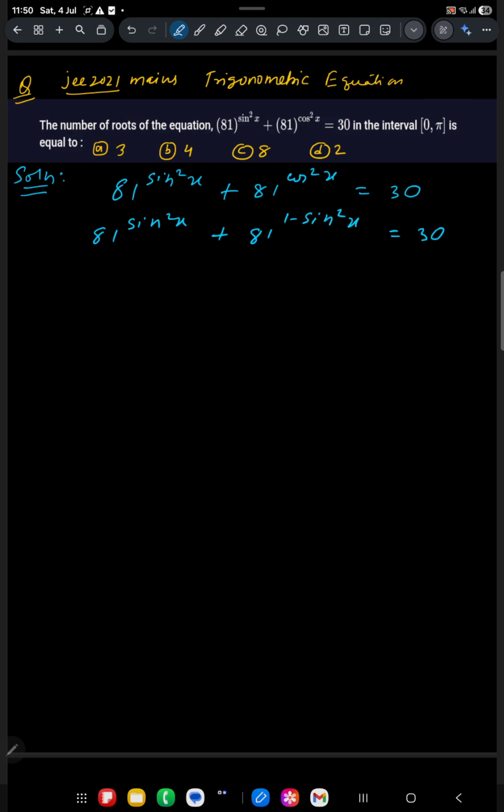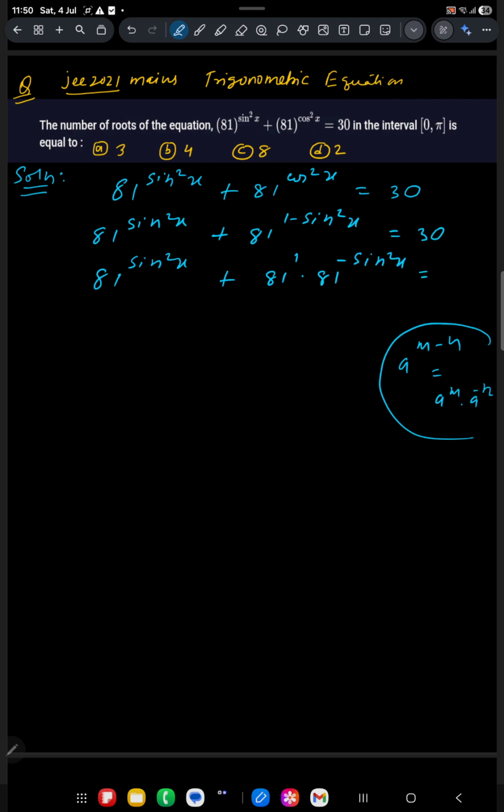So 81 sin square x plus, there is this rule that a to the power m minus n means a to the power m into a to the power minus n. So with this rule we will use here 81 raised to the power 1 into 81 power minus sin square x equal to 30.